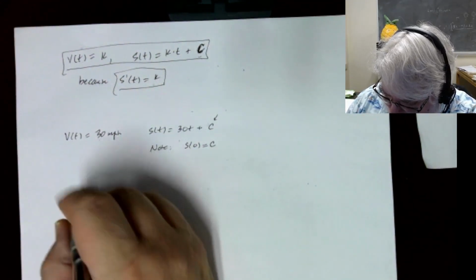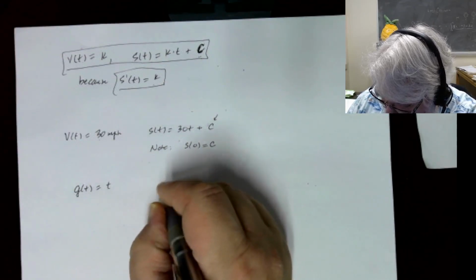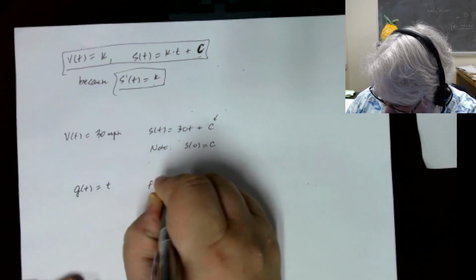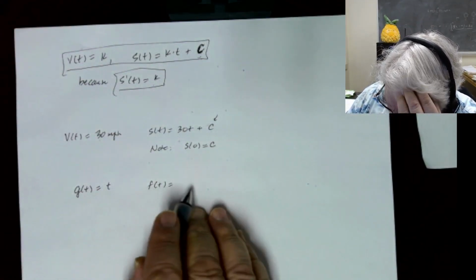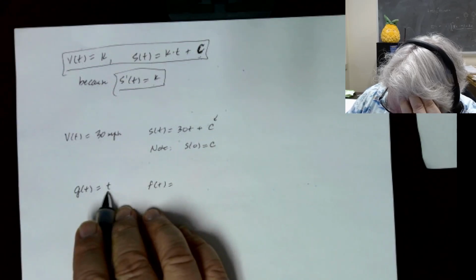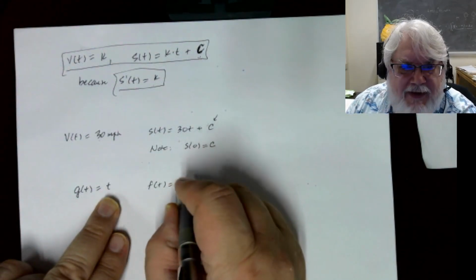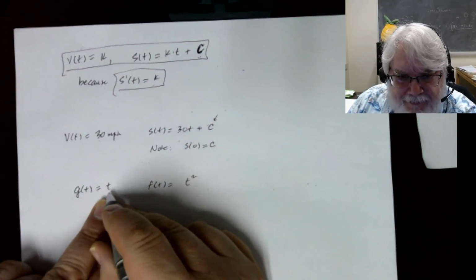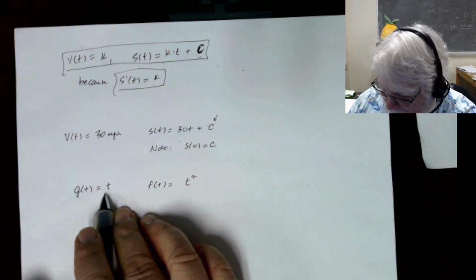Okay, so suppose that g of t is now equal to t. What would your antiderivative F of t be? I took the derivative of something and I got a t. So it seems like I would have had to differentiate t squared to get a t to the 1 power. But if I just have t squared, that would be a 2t.